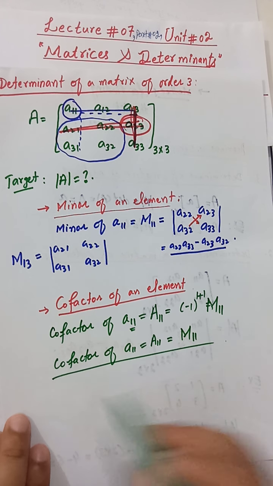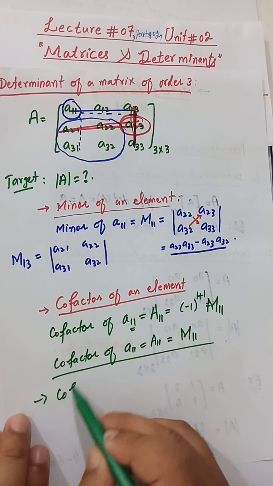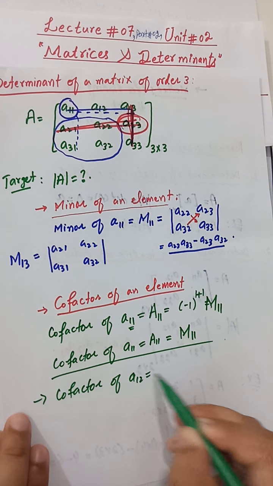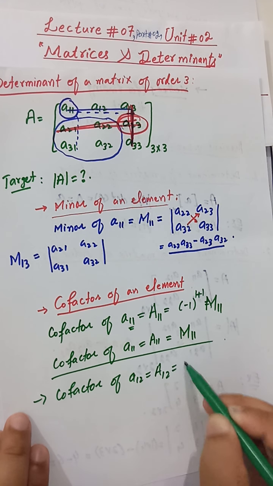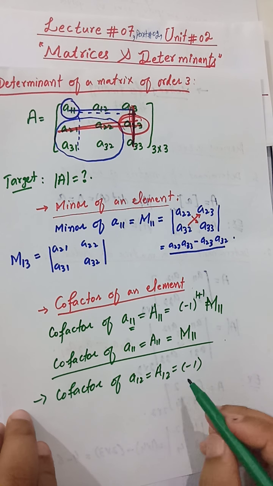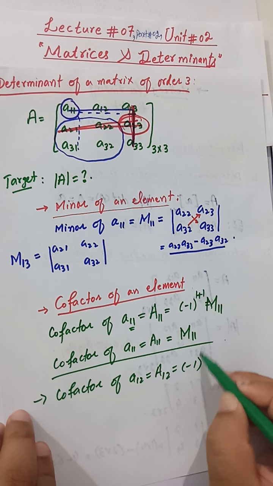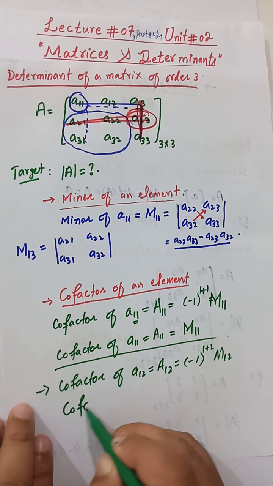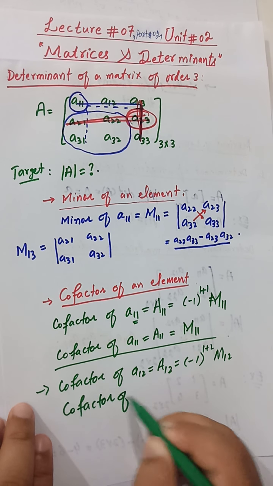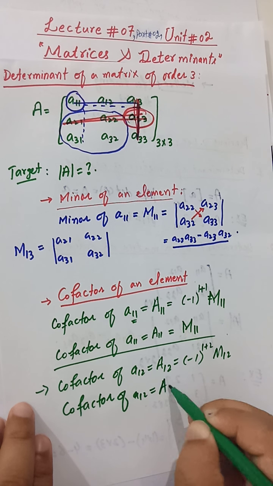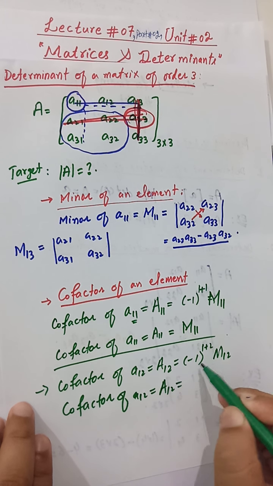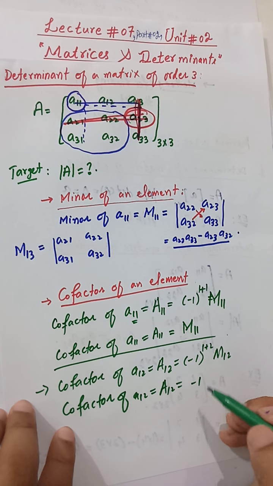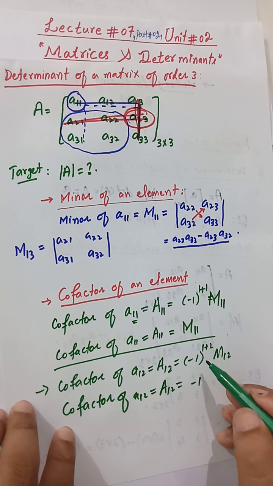And let's say I am finding the cofactor of A12, which is denoted by capital A12. According to the formal definition this will be equal to minus 1 power 1 plus 2, M12. Minus 1 power 3 is odd, so you will get minus 1.